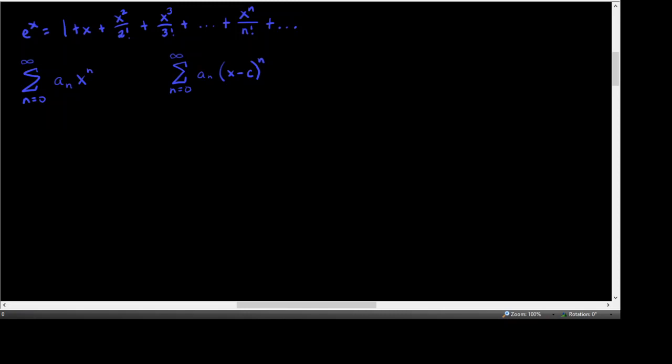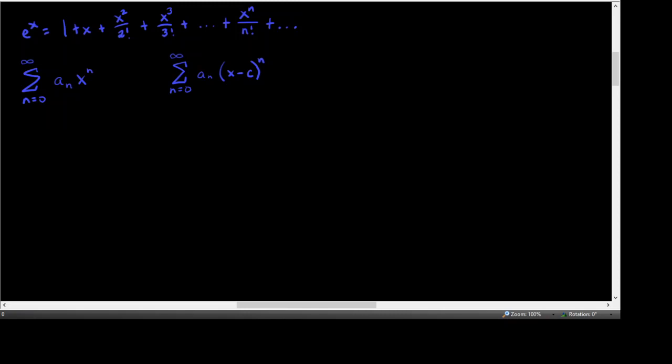So if you look at example 1, where you see a power series centered at 0, notice that x minus 0 has been replaced by x, which is raised to the nth.